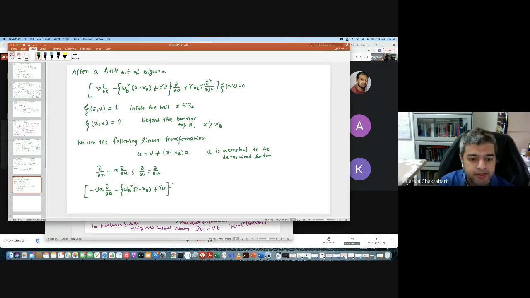Now del v is del u plus gamma kVt, and this one you know, del 2 del u square, the whole thing operating on psi, which is x comma v. Of course x comma v means also x comma u, you can call it now, equals 0.